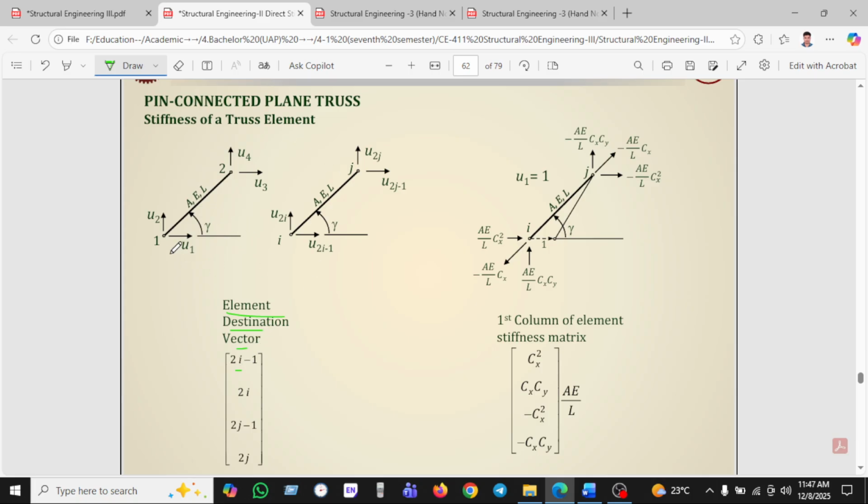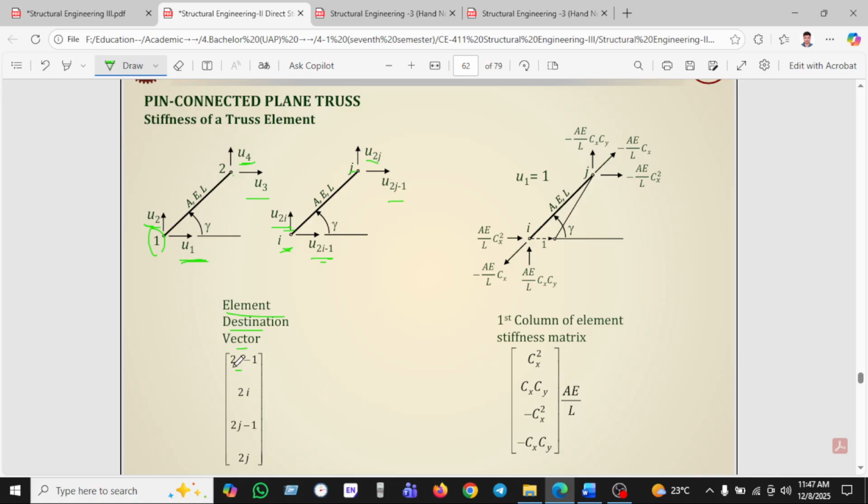Okay, so we can see the element displacement vector here. For node 1, we can see the displacement u1, and vertical is u2, and for node 2, we can see u3 and vertical u4. In the same way for node I, the x direction is 2i minus 1, and vertical is 2i. For node J, the horizontal is 2j minus 1, and vertical is 2j.